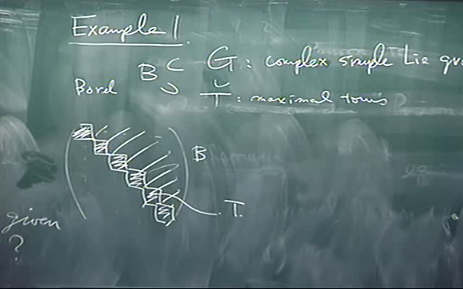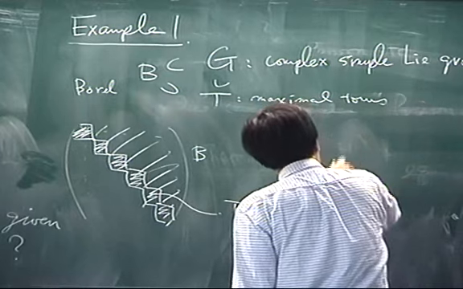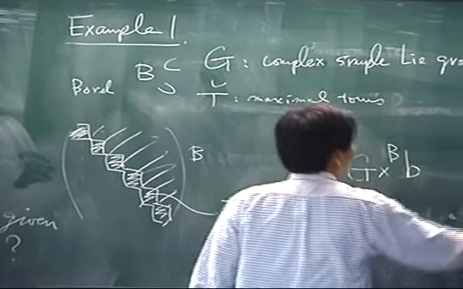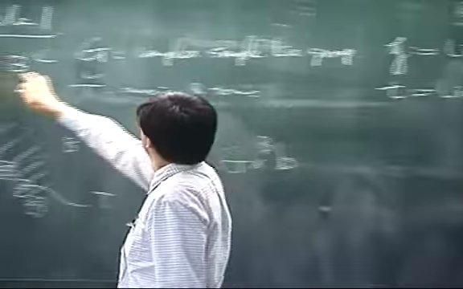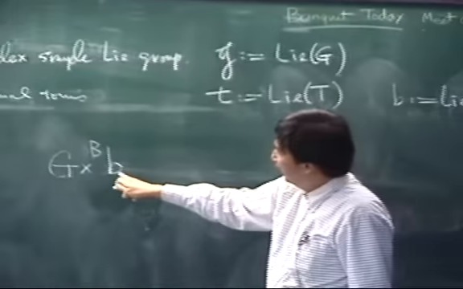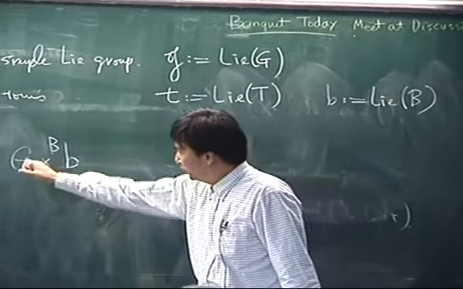Okay, then we have the following commutative diagram. This is some adjoint bundle. B is just the algebra of the Borel. And so B acts on B by adjoint action. Then you get an adjoint bundle over G mod B.